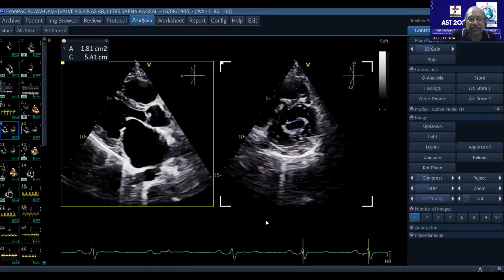Now, this is a technology we have been using for a short time. I don't say we have been using it for a long time. This is biplane or multiplane echocardiography. What this multiplane echocardiography does is give you an exact anatomical area of the mitral valve. Take my words, if you have to look at mitral valve stenosis, the best, most dependable, most reproducible method is the multiplane 3 dimensions mitral valve area.